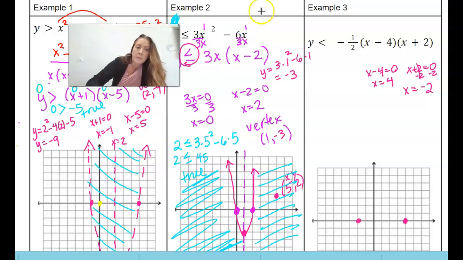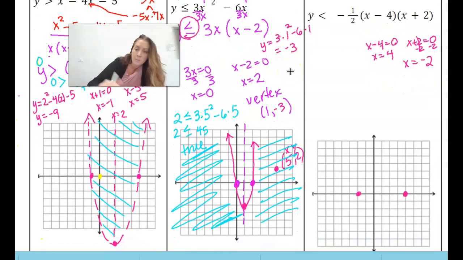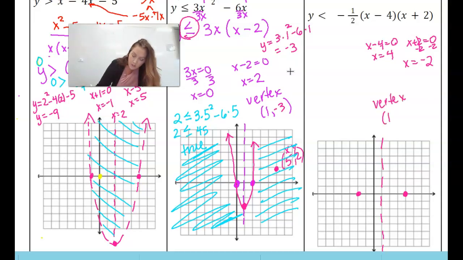And then we have to remember that our vertex is right in the middle. So we've got 1, 2, 3, 4, 5, 6 spaces. So we need to go 3. 1, 2, 3. So it happens to be at 1. So our vertex is at 1, and we'll find our y value. So if I plug in 1, we get negative 1/2 times 1 minus 4 times 1 plus 2.